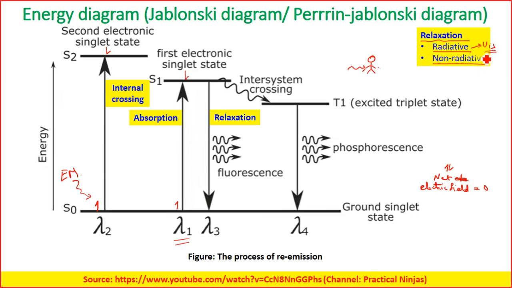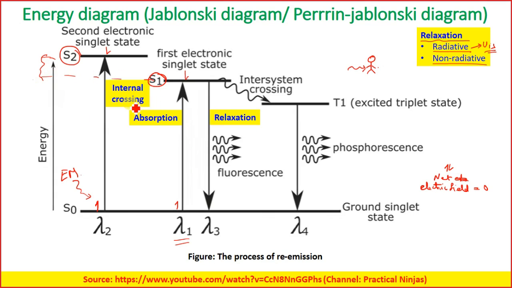If it is non-radiative, that means it is losing some energy, but it is not in the visible spectrum. Suppose, if you see, S1 and S2 both are in the excited state. But even though both of them are in the excited state, there is an energy difference.